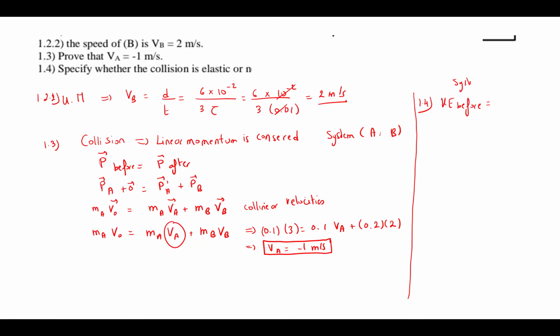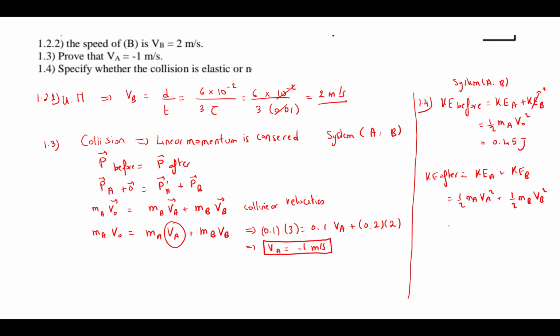Now for the KE after, we have also KEA plus KEB. Now, KEA is equal to half MA VA square, and KEB is half MB VB square. So we can put the values, we have everything. So it's half 0.1 times 1 square.